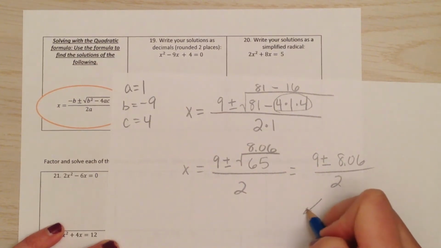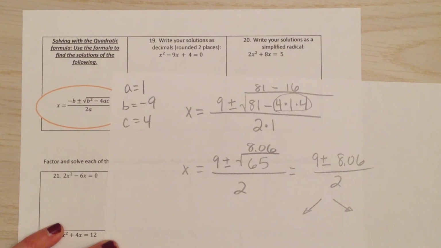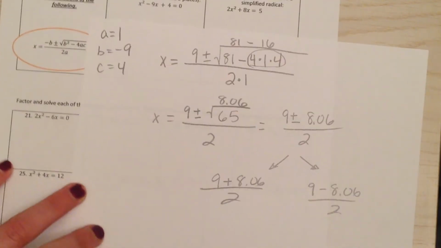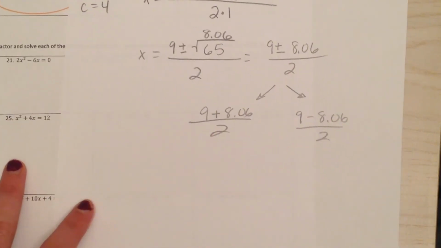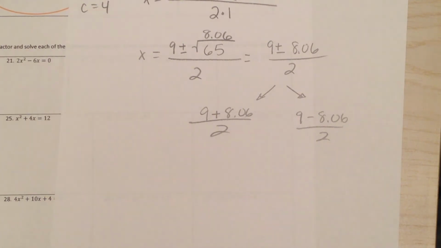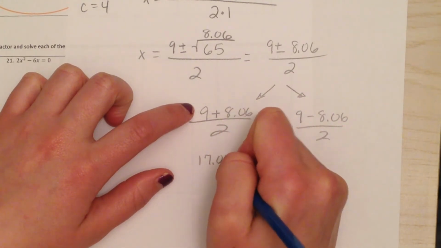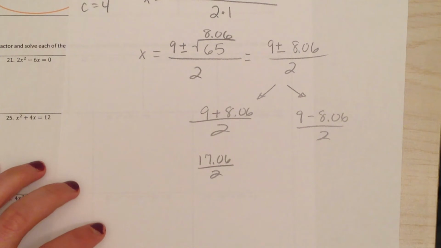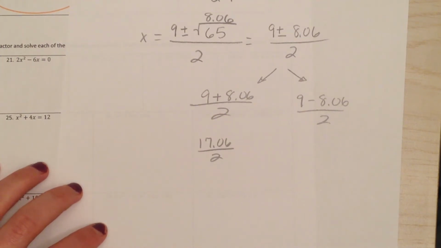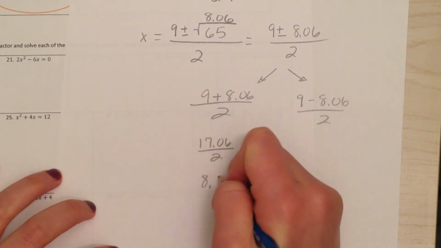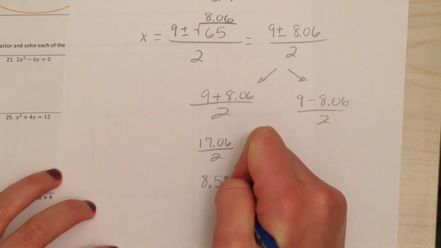And we're going to split this into 2 different problems. We've got 9 plus 8.06 divided by 2. And we've also got 9 minus 8.06 divided by 2. I'm getting a little off the screen there, so let me move that up. When we add them, we get 17.06 divided by 2, which is 8.53.